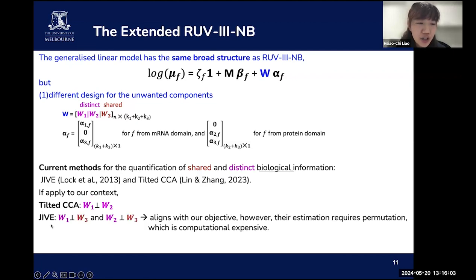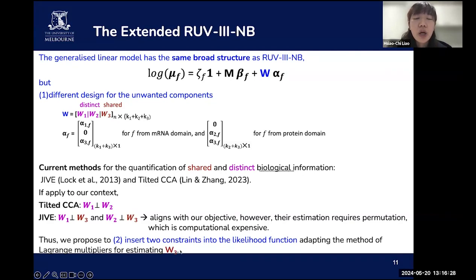On the other hand, Jive can help us achieve the orthogonality between the distinct and the shared unwanted vectors, and this is more aligned with our objectives. However, the estimation of Jive involves permutation, and that is computationally expensive. So to achieve our goal, we insert 2 constraints into the likelihood function, adapting the method of Lagrange multipliers for estimating our shared unwanted vectors.